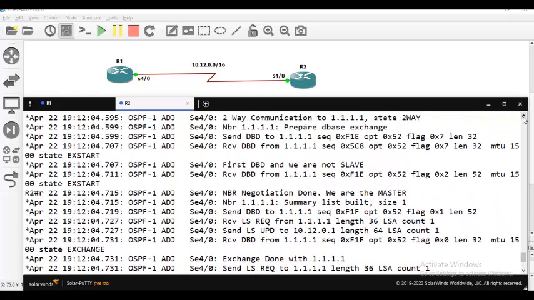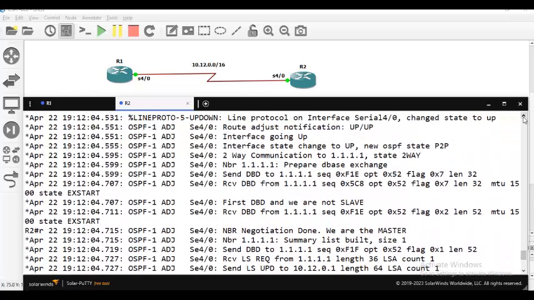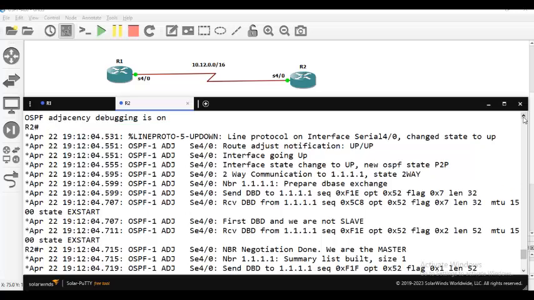In some operating systems, you can even see init state. You can see two-way state on both sides, meaning they know each other very well. Now, if they want to share the DBD, they need to decide who is master and who is slave. That decision making is happening, you see down there.